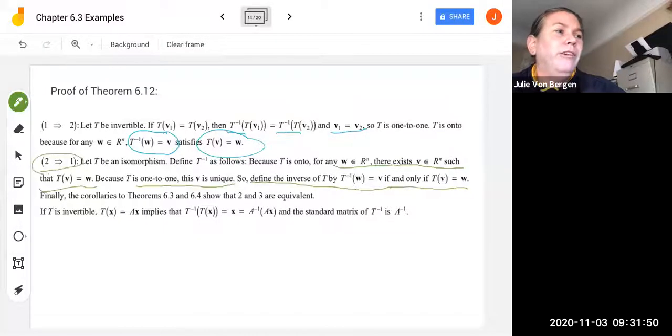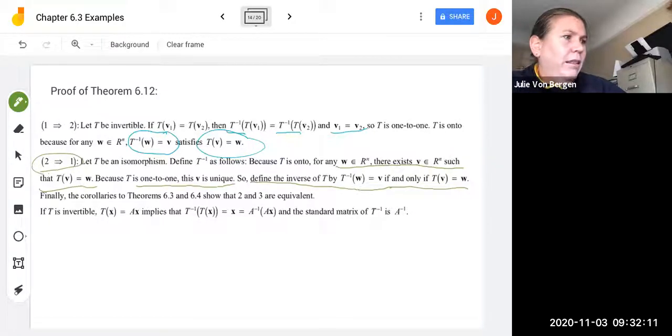The corollary for theorem 6.3 is back in section 6.4. And so that's the corollary that said if T maps Rn to Rm is a linear transformation, T of X equals matrix A times vector X, then the kernel of T is equal to the solution space of AX equals 0.